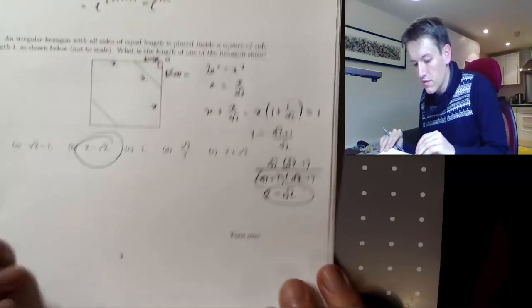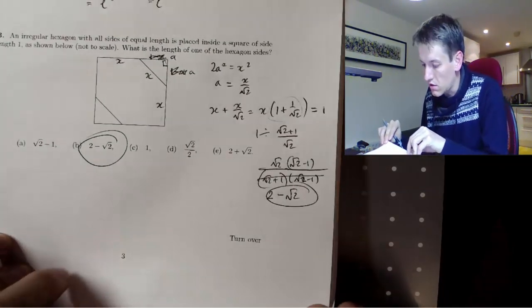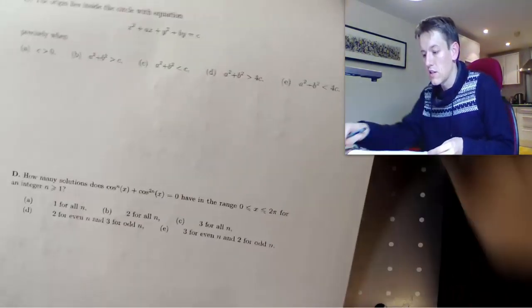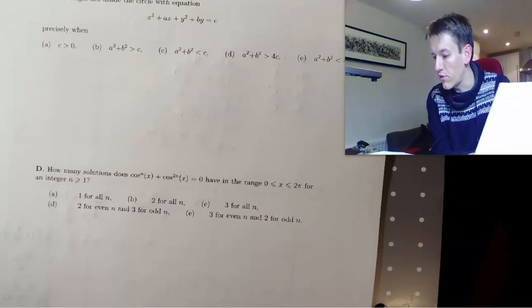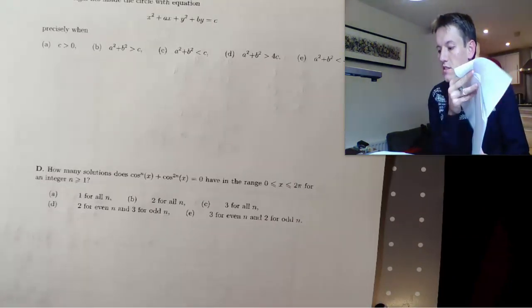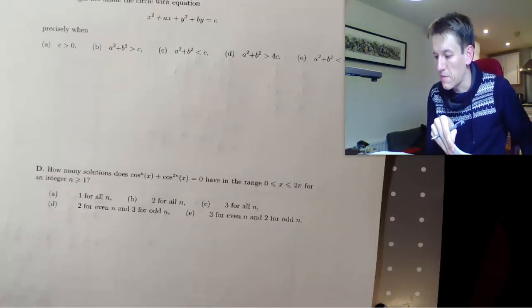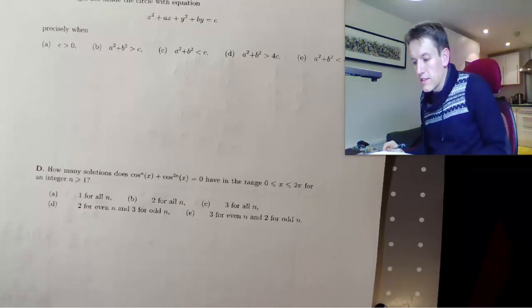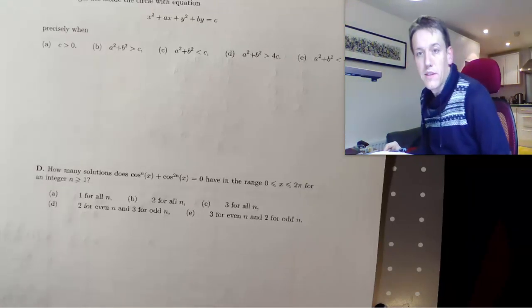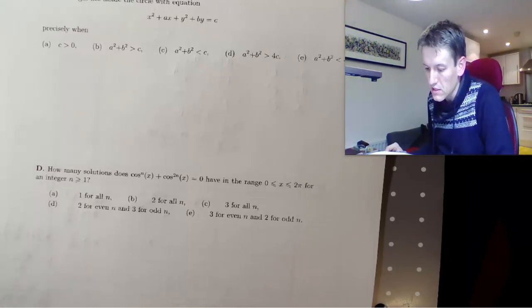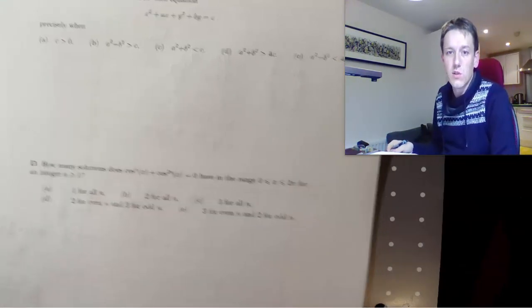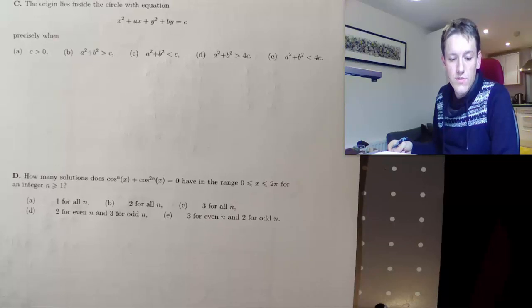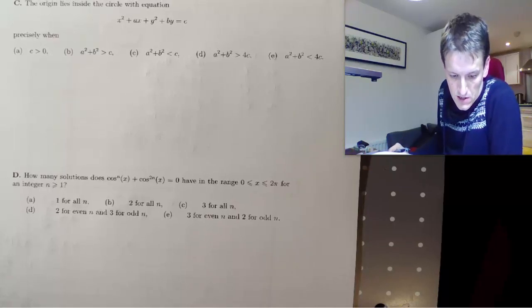Okay, so the first two questions are complete. Let's look over the page, and question C says we've got the origin lies inside a circle with equation x squared plus ax plus y squared plus by is equal to c, precisely when one of these conditions holds, and we need to choose which of those conditions it is.